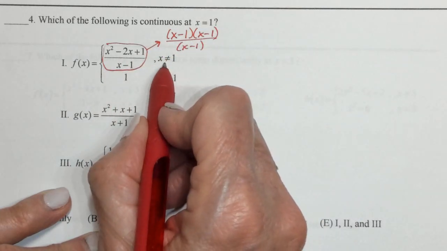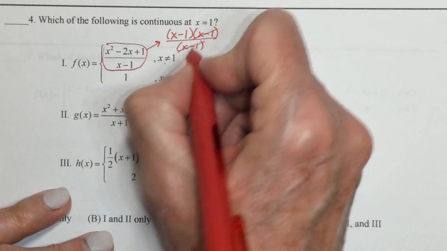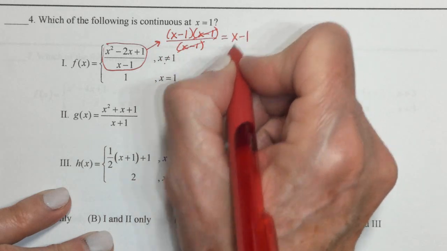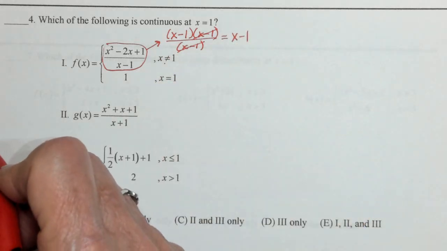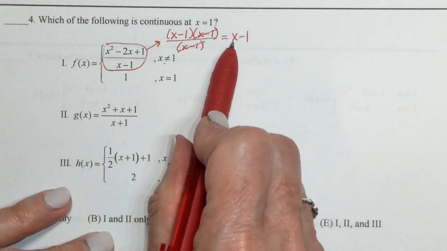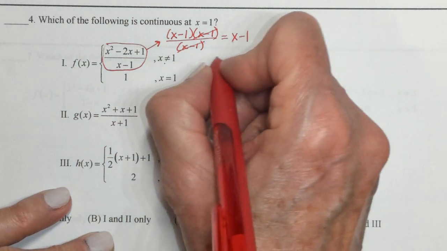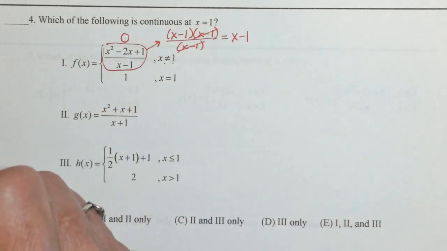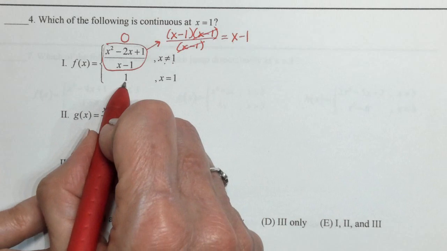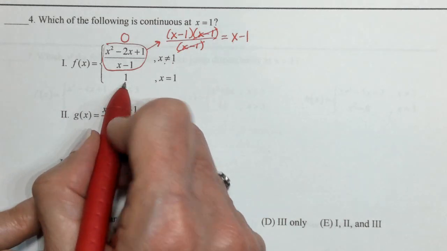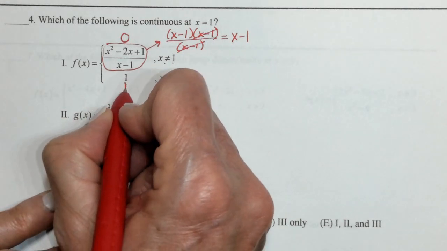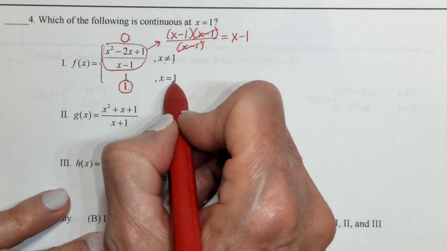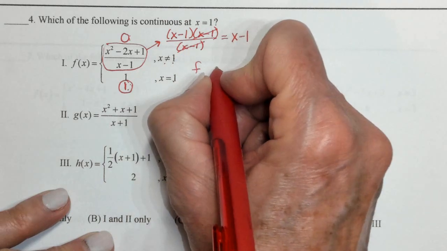Because x cannot be 1, I can cancel these, and that leaves me x minus 1. Now if I put 1 into the remaining x, I get 0. So this goes to 0 at x equal to 1. The bottom piece is 1, and there's no x in there. These two pieces do not match when x is 1, so f is not continuous.